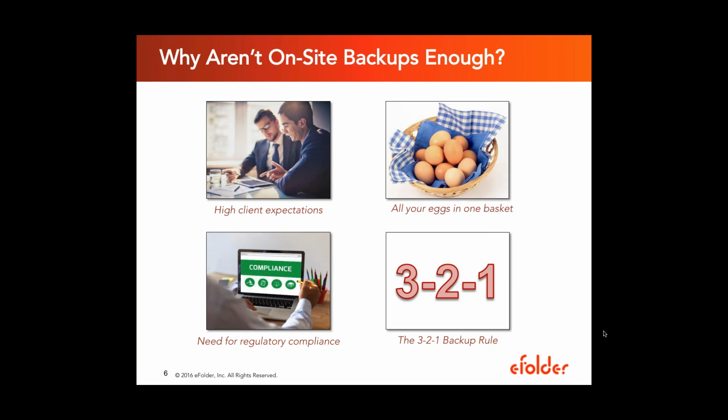So, having only on-site backups obviously would not allow you to satisfy the need for that 1 offsite backup. And following the 3-2-1 backup rule in general is a really good practice to ensure that no matter what, data is never too far away and it's never permanently deleted no matter what.